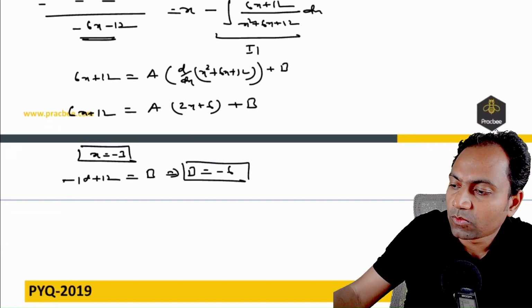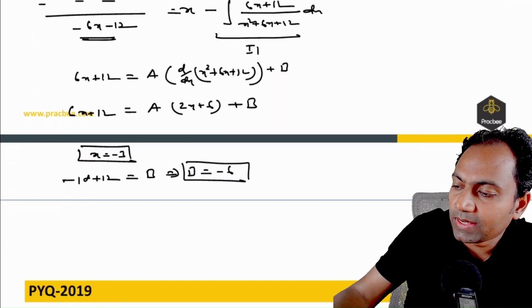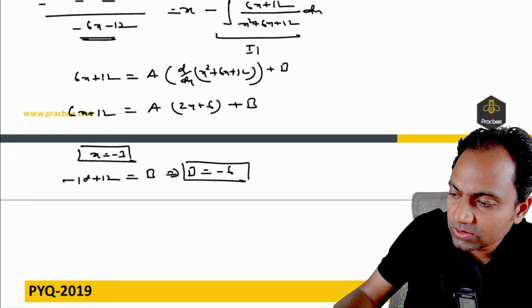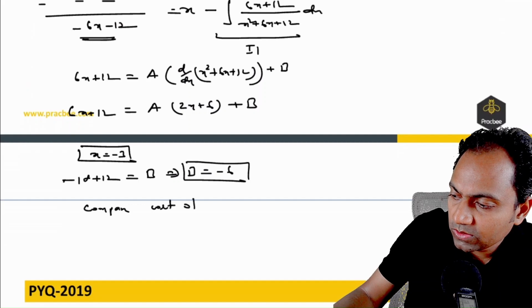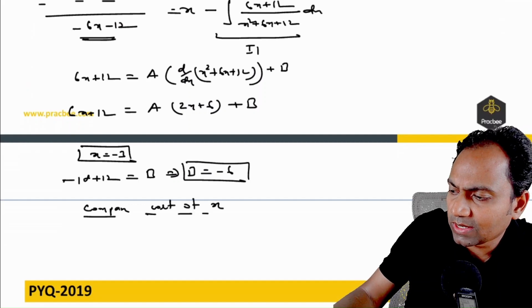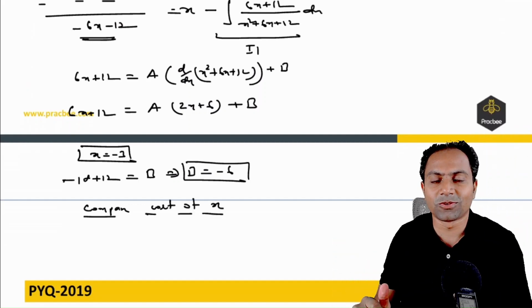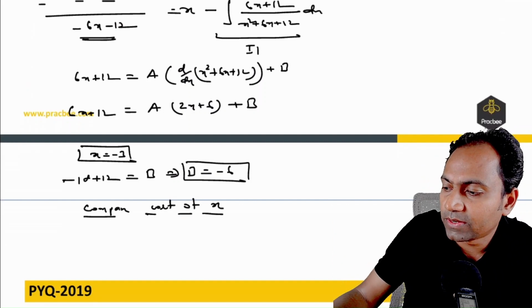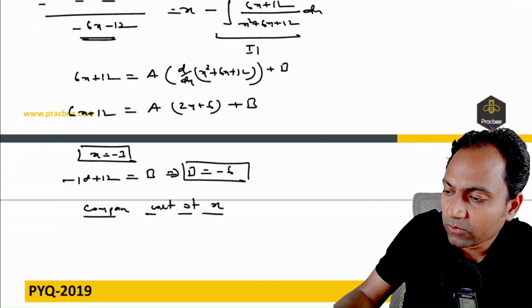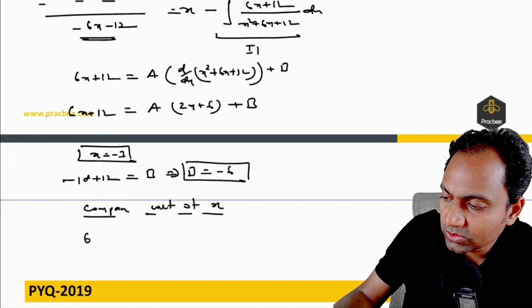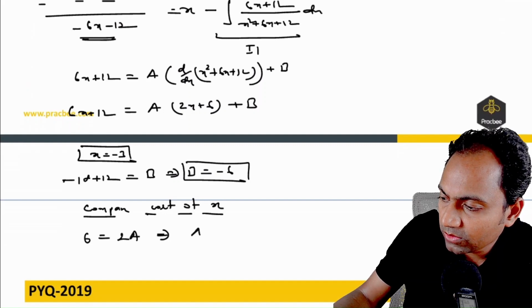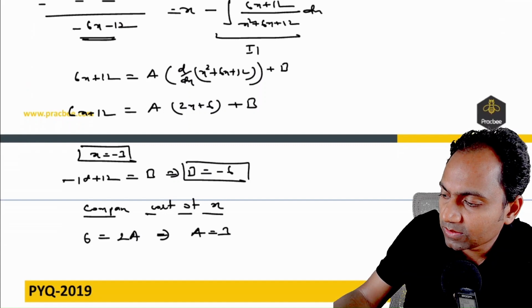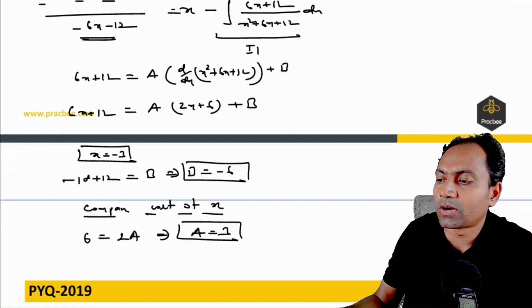Then to find the value of a, I can compare the coefficients of x on both sides. On the left hand side the coefficient of x is 6, on the right hand side it is 2a. So the value of a comes out to be 3. So you've got the values of a and b.